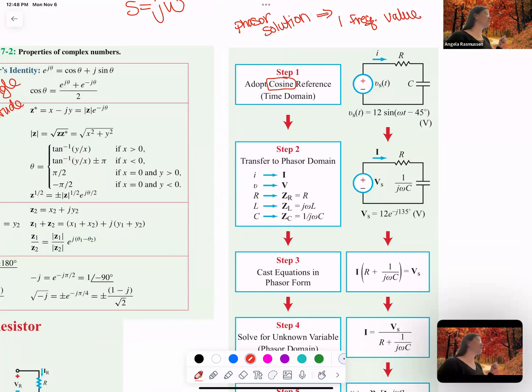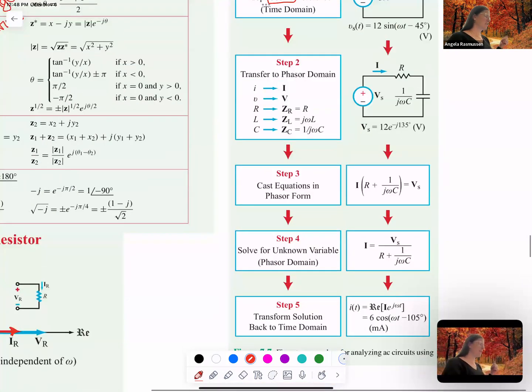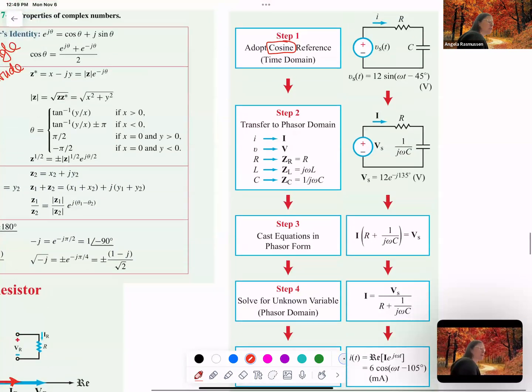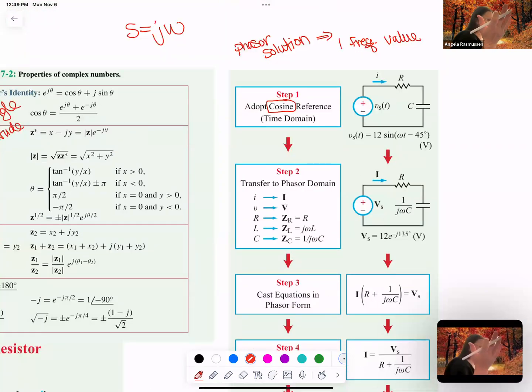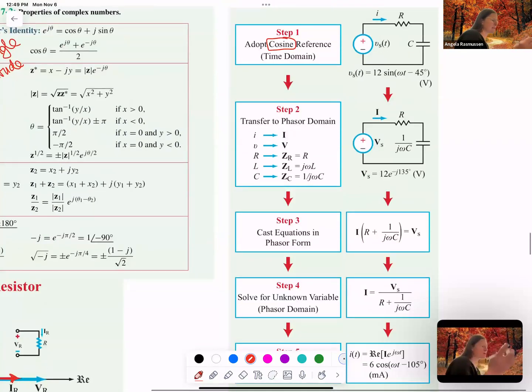But you have to be in cosine form to use phasors. And then from there, you use the frequency to determine your ZL, your inductor impedance. And that was just J omega L. So remember, S is equal to J omega. It looks very similar to the Laplace, and you just put in that value for omega. So sine omega t minus 45 degrees: how do we shift that to cosine?